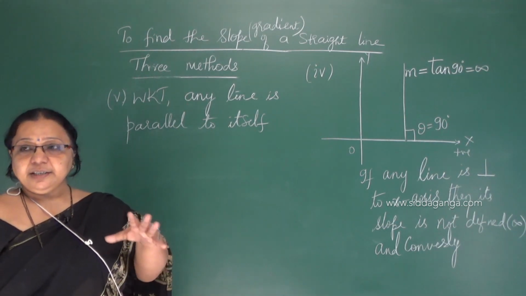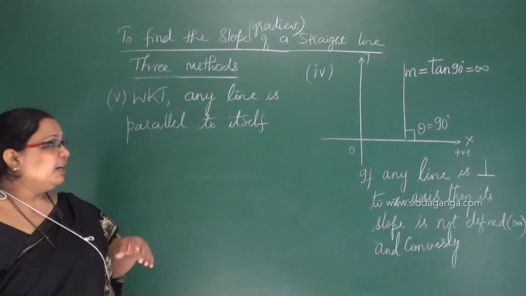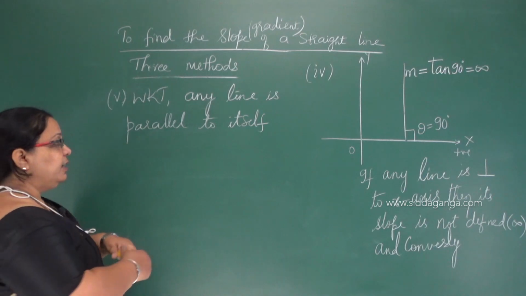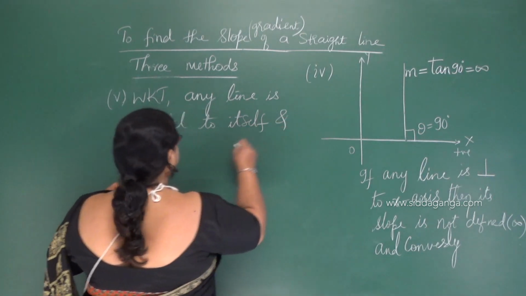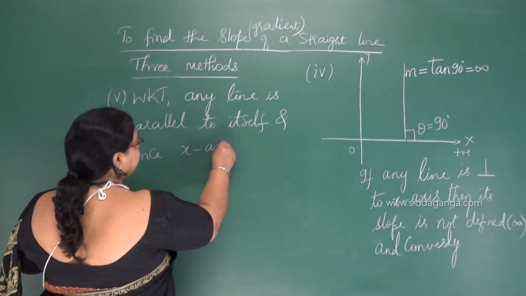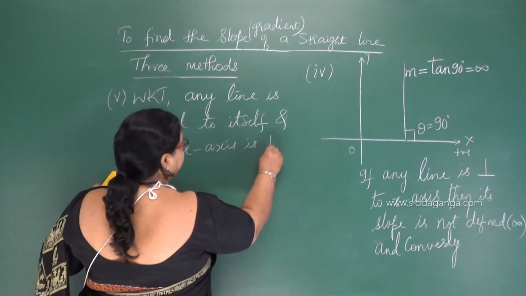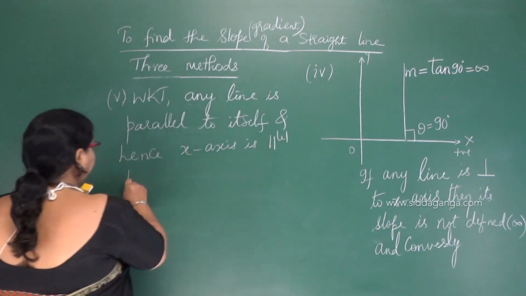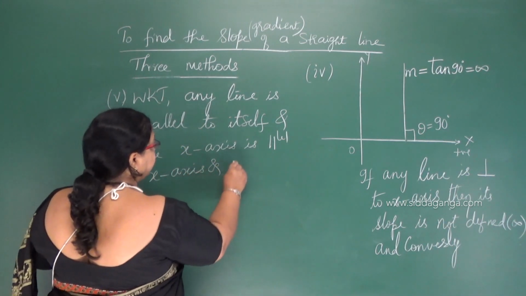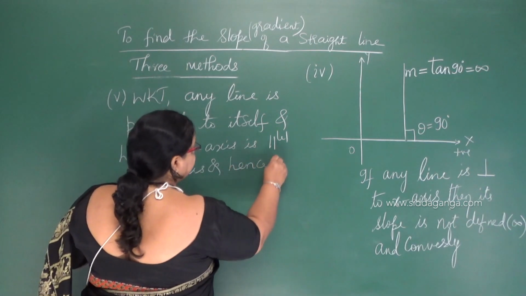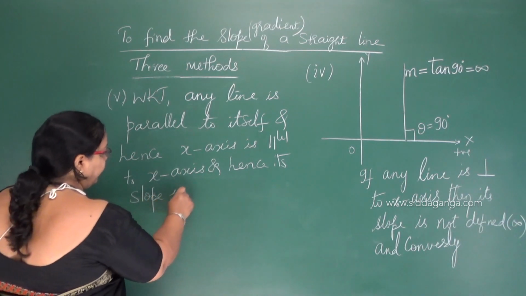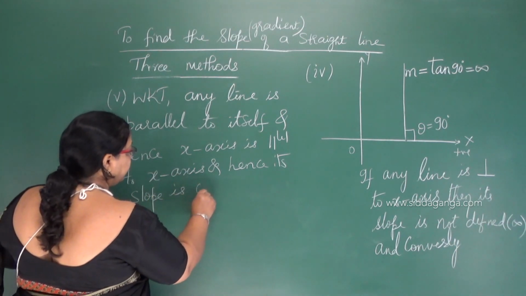So using that concept here, we know that any line is parallel to itself, and hence x-axis is parallel to itself, and hence its slope is 0.